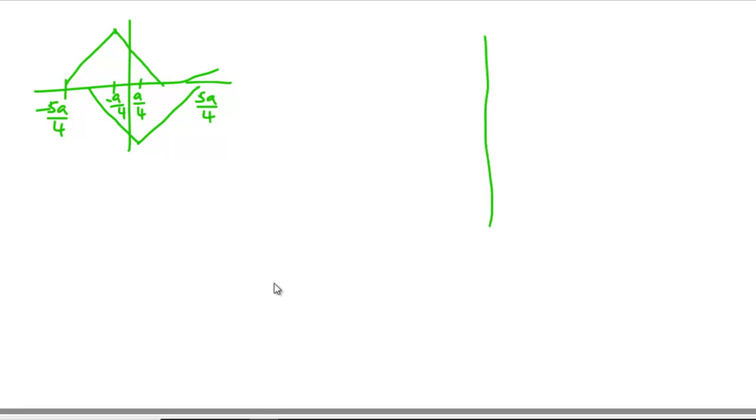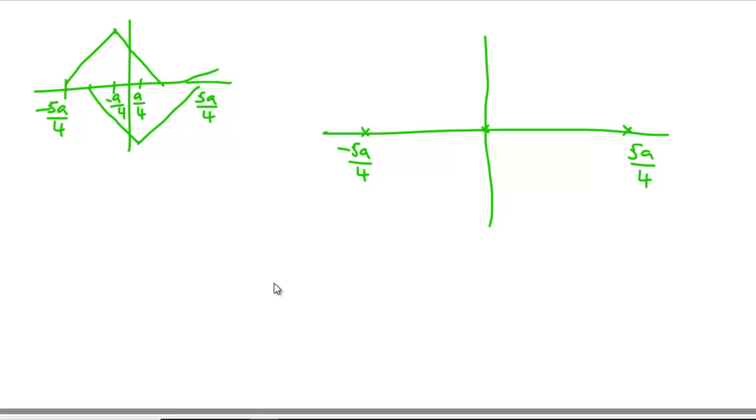So when we're putting these together, what are we going to end up getting? Well, we know we're going through 0 here. We know we're going through minus 5a over 4. We know we're going through 5a over 4. So what have we not got overlapping? Let's think about this as to where we are.